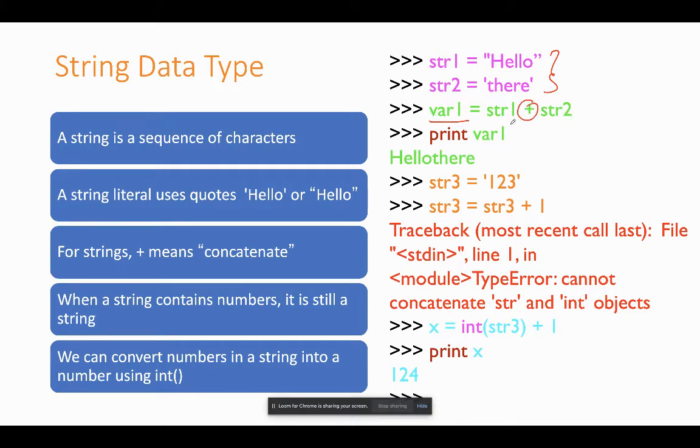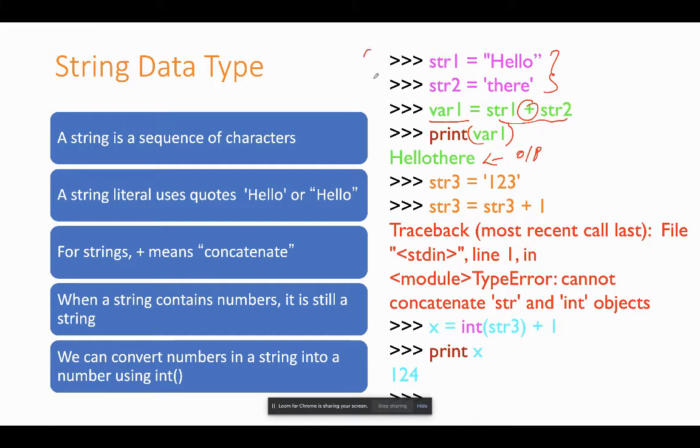This operation we call concatenation. Then print var1. What is var1? It's a combination of string 1 plus string 2. So what is the output? You will get hello there. This is how you will get an output in your Python IDE.